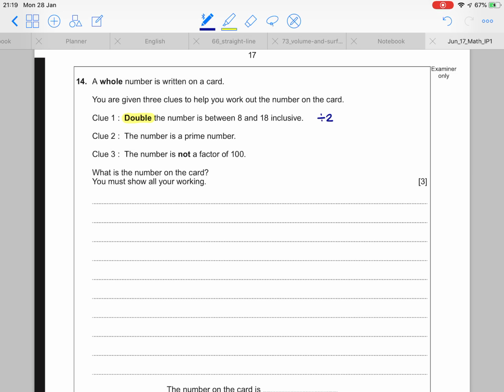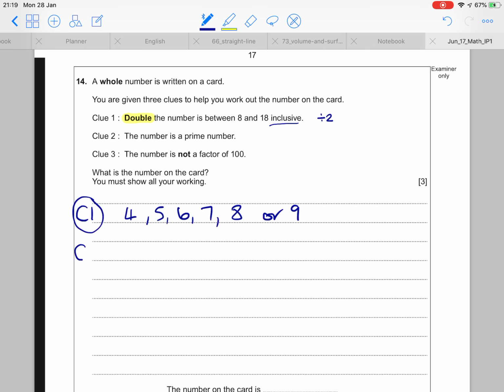So 4, 5, 6, 7, 8, or 9. From clue 1, if these are my numbers, then double each of them would give me an answer of 8 up to 18, inclusive. So including possibly 8 and possibly 18.